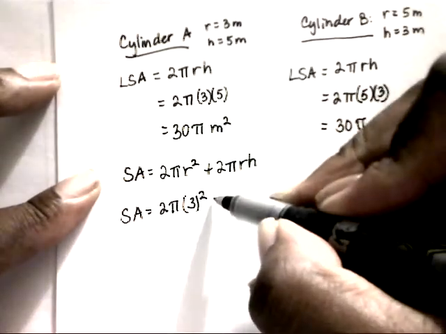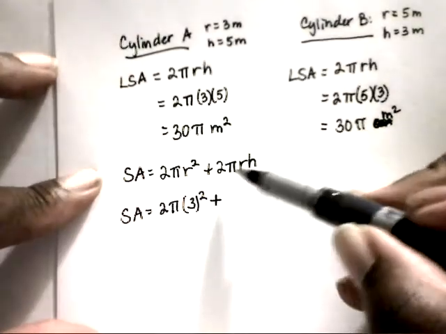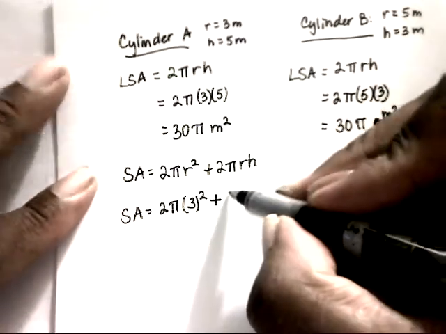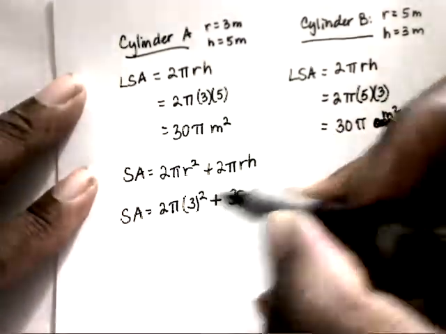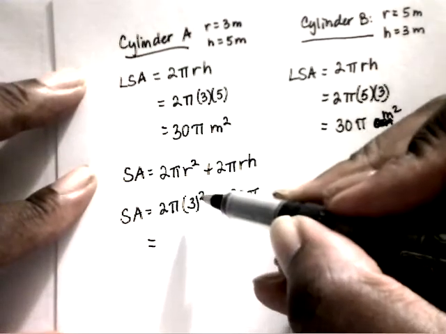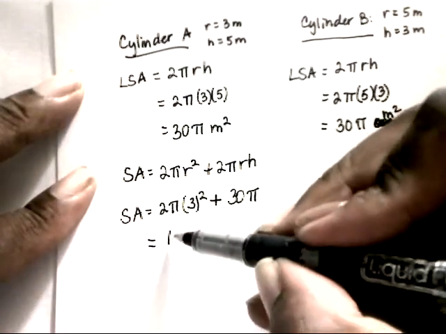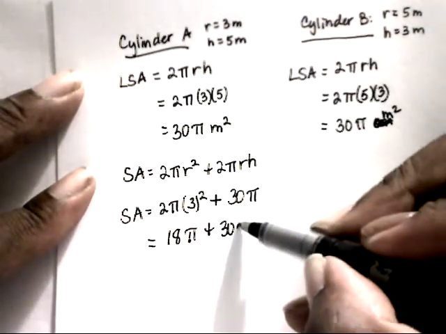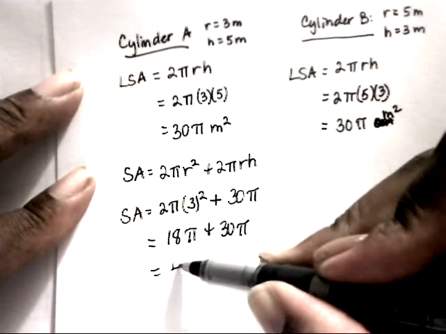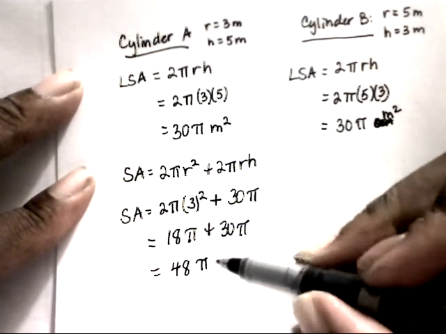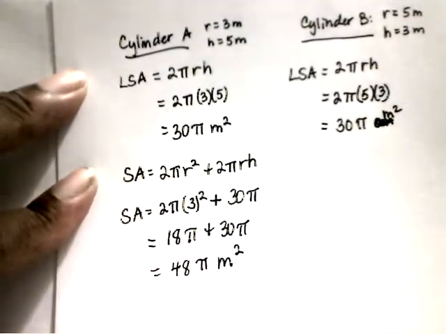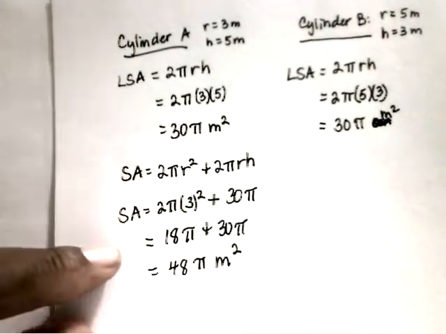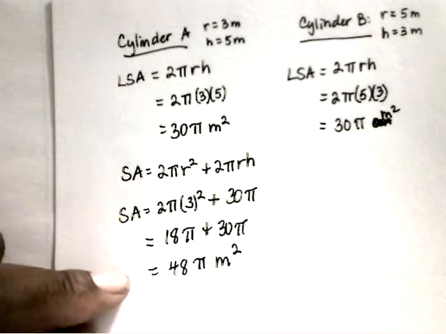So it'll be 2 pi times 3 squared plus 2 pi rh, which is this number right here, 30 pi. Now simplify this. 3 squared is 9. 9 times the 2 is 18. So now you have 18 pi plus 30 pi. Add those two together, you're going to get 48 pi square meters. So that's the surface area for cylinder A, the total surface area.